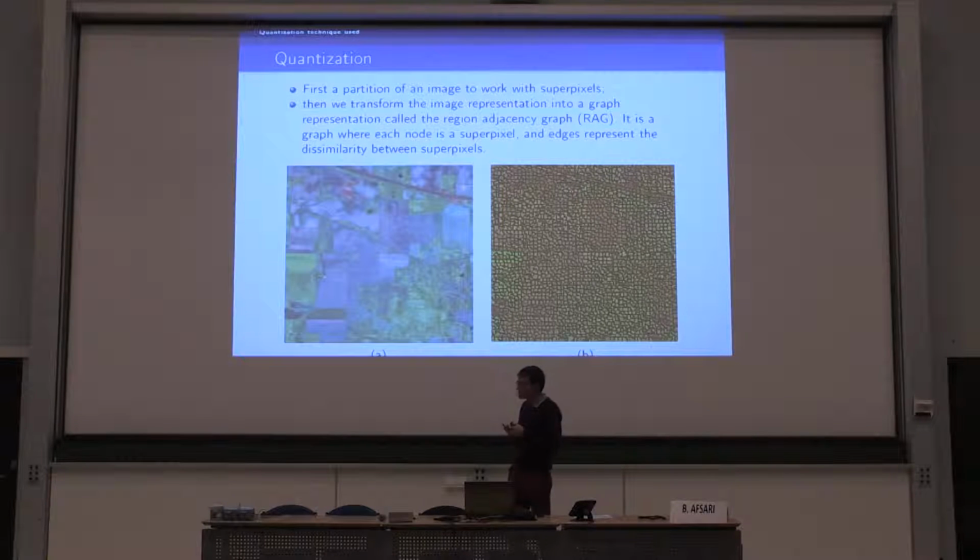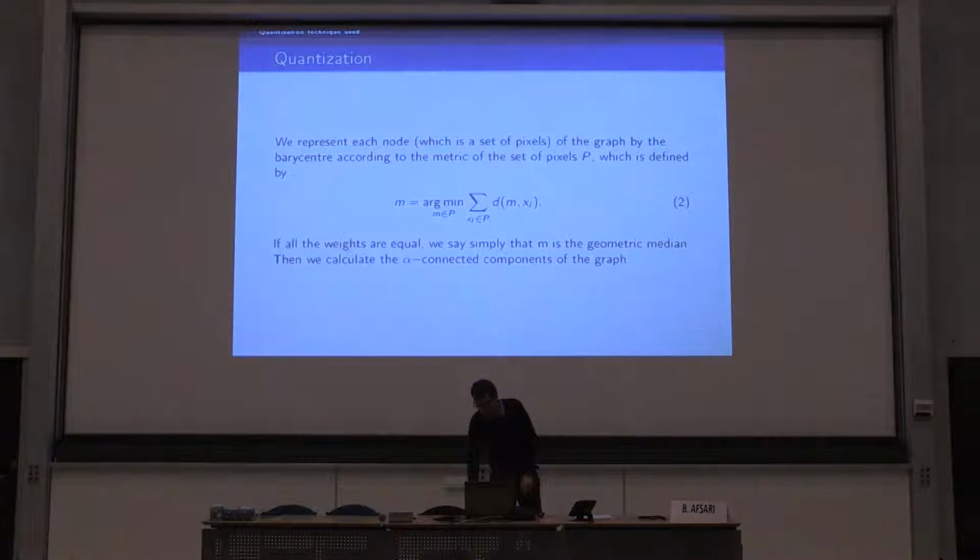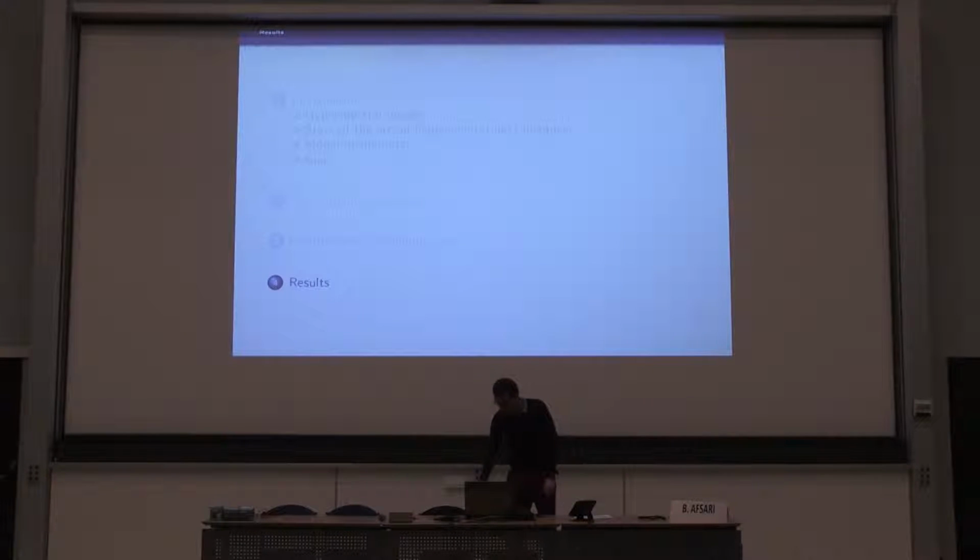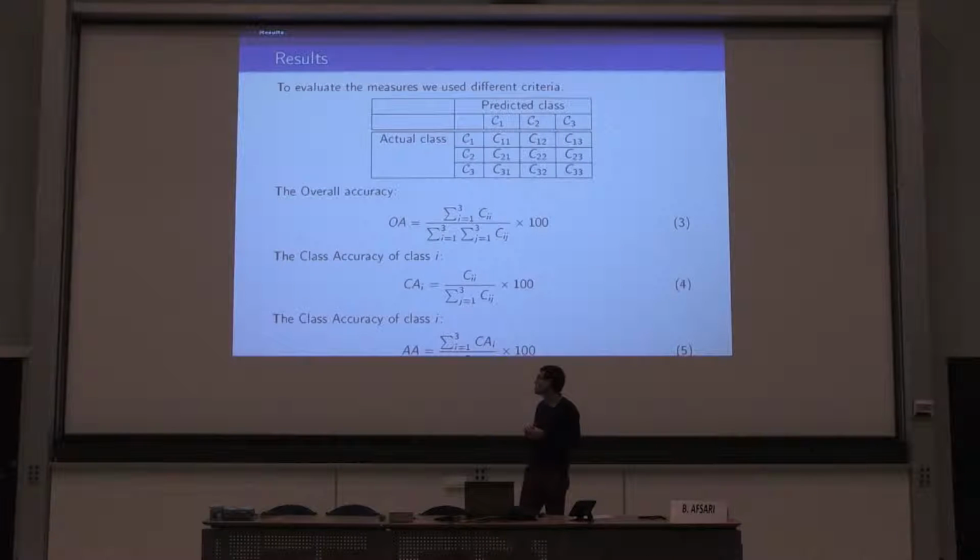Then on each superpixel, we calculated the barycenter, and then we represented the graph where each node is a superpixel, and the weight between two nodes is the difference between the barycenters of the two superpixels. To calculate the barycenter, this is the formula.